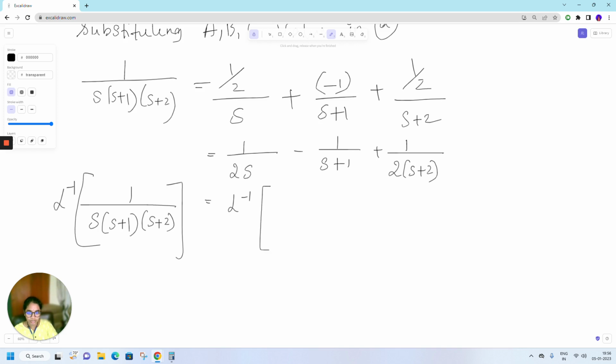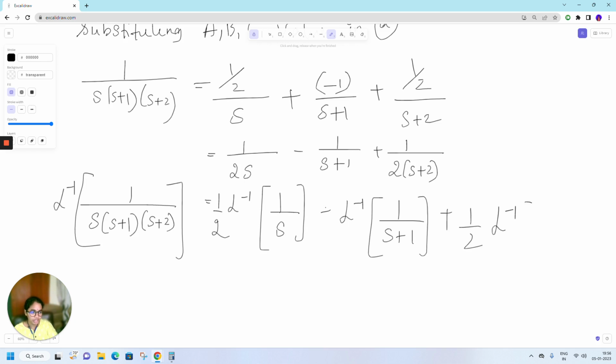Can I give Laplace inverse for each term? Here half is a constant. So 1 by S minus Laplace inverse of 1 divided by S plus 1 plus half is a constant again, Laplace inverse of 1 divided by S plus 2.